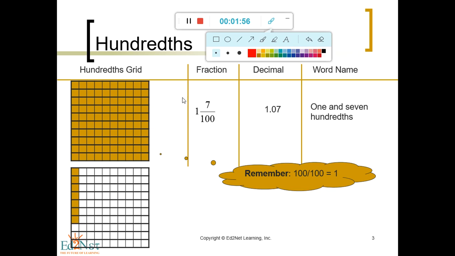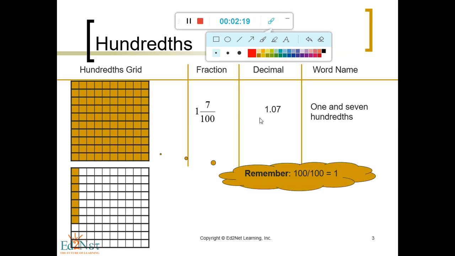So as a fraction it becomes this complete one, so it's 1, and this is 7 over 100 because we have 7 hundredths. So this is a mixed number, one whole and 7 over 100.